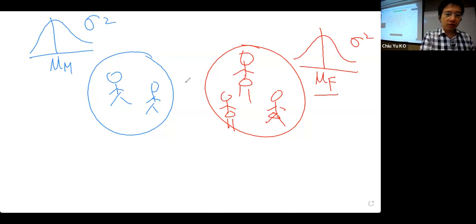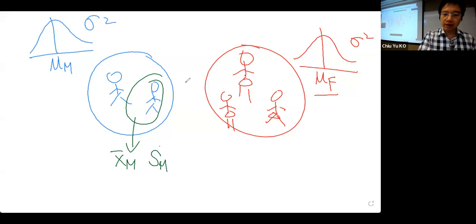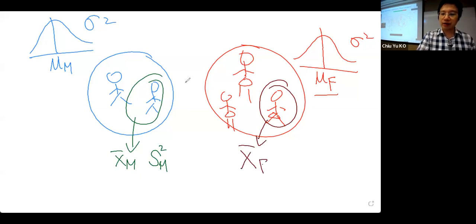So the question we're asking is, from the data, we collect some data here. We can have the sample mean of the male and the sample variance of the male. And because we also get some females, we can also come up with the sample mean and the sample variance for the female.